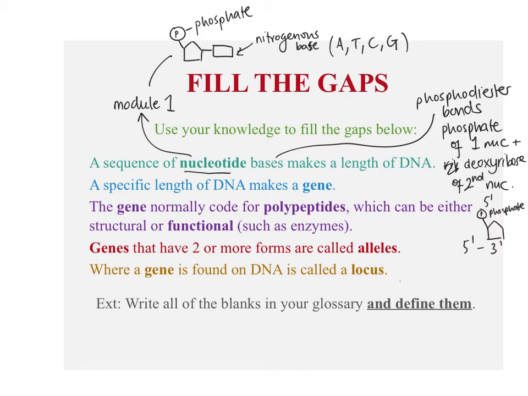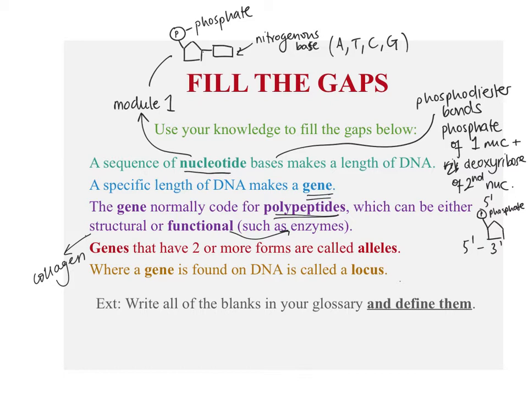Now, in our DNA, those combinations of A, T, C, and G, those nucleotide bases, have a specific sequence, and in some sequences, we call them genes. They code for proteins, polypeptides, if you're being fancy and specific, which we are because we're scientists, which can either be structural, so maybe giving things like collagen, or functional, such as enzymes.